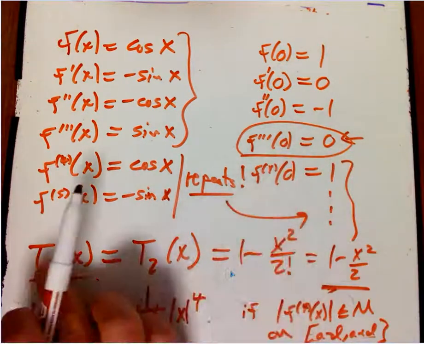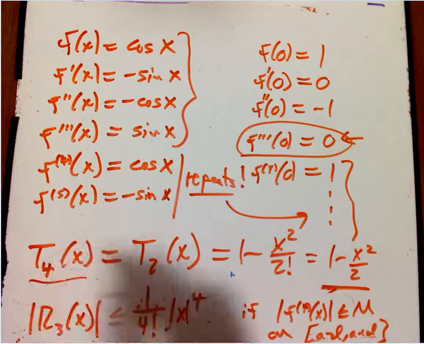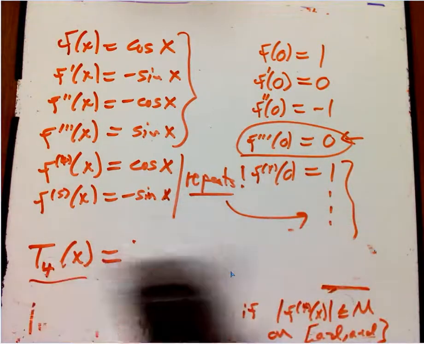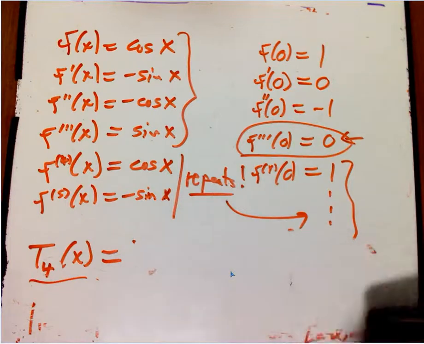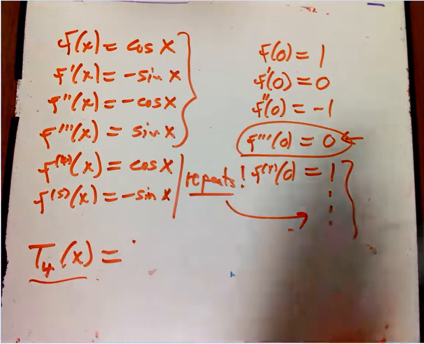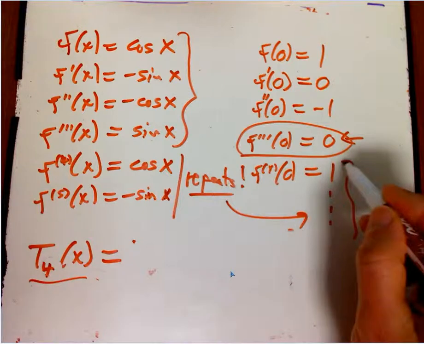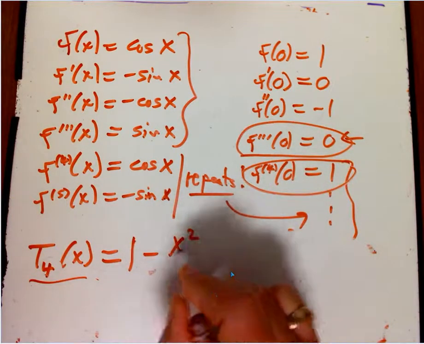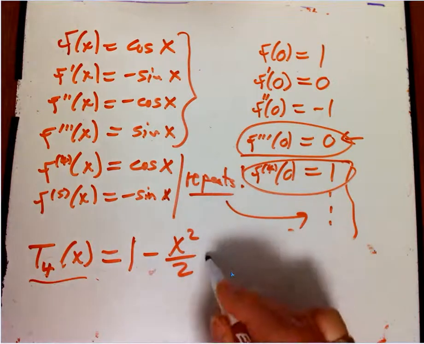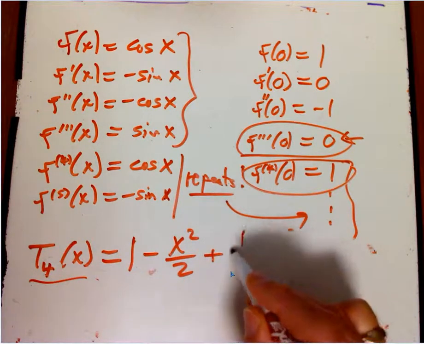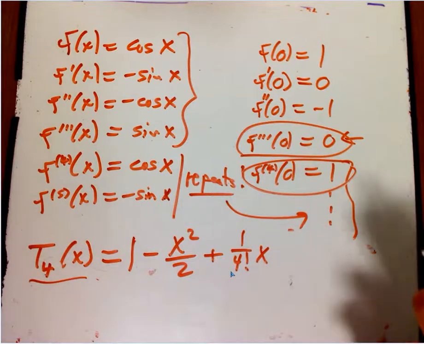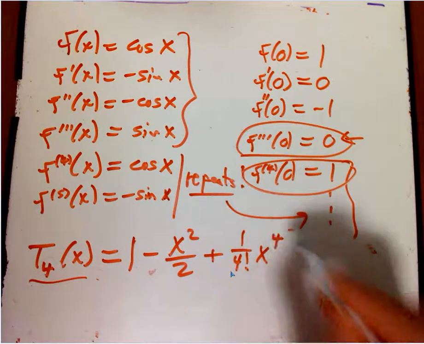Well, what about the 4th degree? That's where we are going to add something. The 4th degree polynomial is going to take the quadratic, which is identical to the cubic here, and then it's going to be plus 1 over 4 factorial times x minus a, of course, in general, but here a is 0.